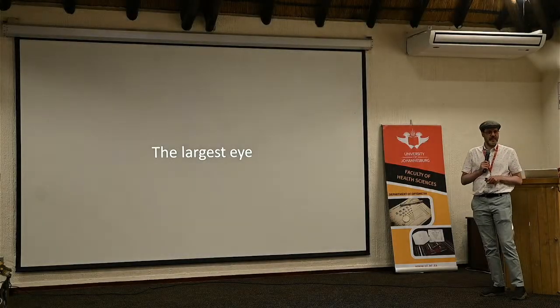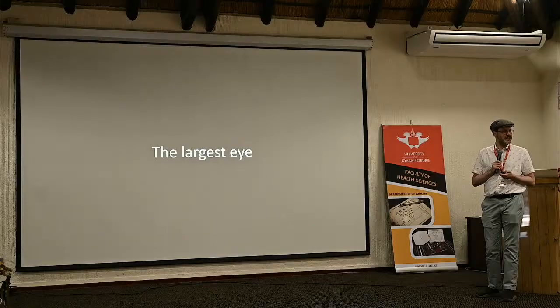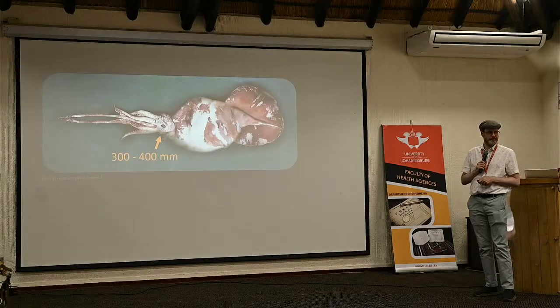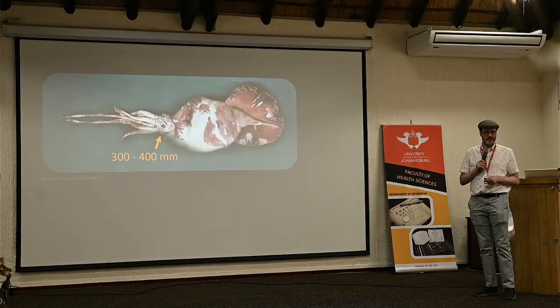So what is the largest eye out there? Is anyone familiar with the largest eye in existence at this moment? Huh? The whale. The whale. It's coming close. The giant squid, exactly, this one. It ranges between a soccer ball and a small beach ball. So something that size.